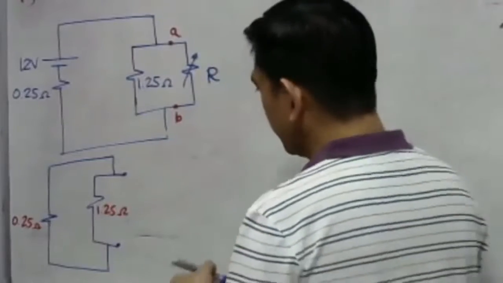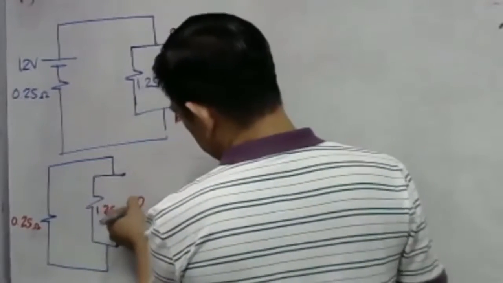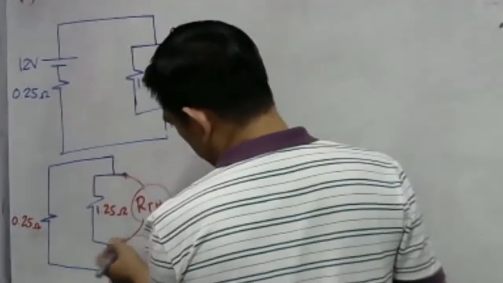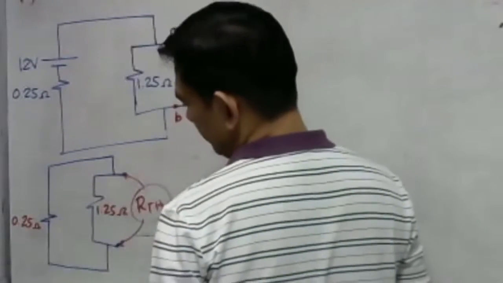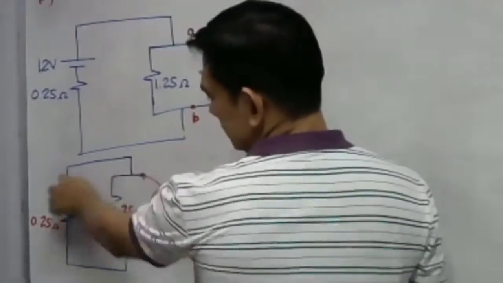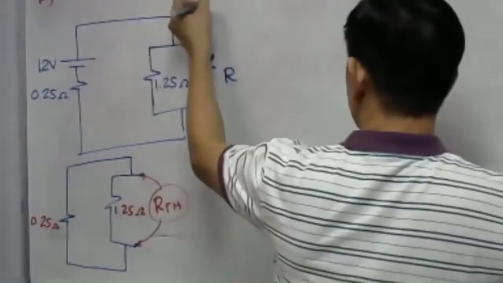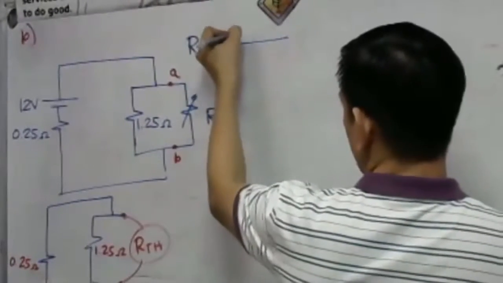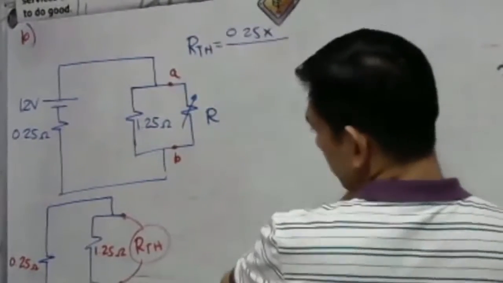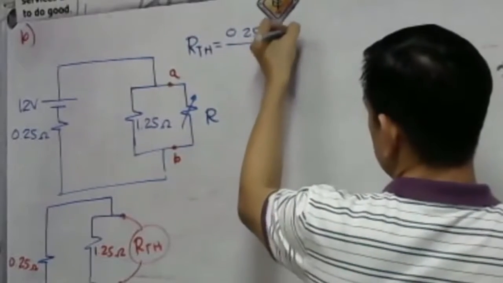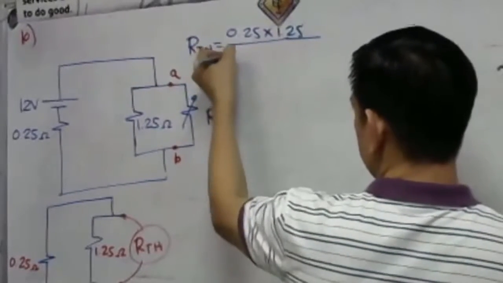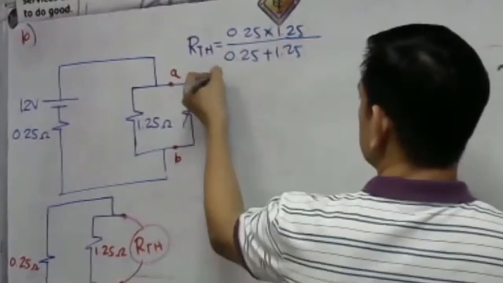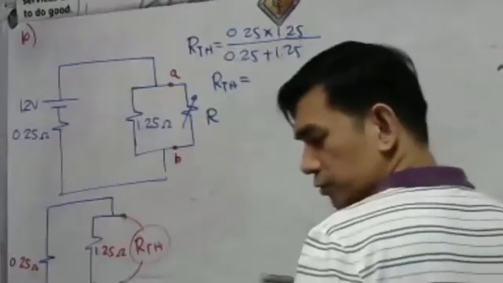Again, just like for number 9, what will happen to our RTH? It is just simply the parallel combination of 1.25 and 0.25. They are just simply connected in parallel. See? So our RTH now is just simply the product over the sum. We have 0.25 times 1.25. That is the product over the sum. 0.25 plus 1.25. So our RTH now will be equal to what?